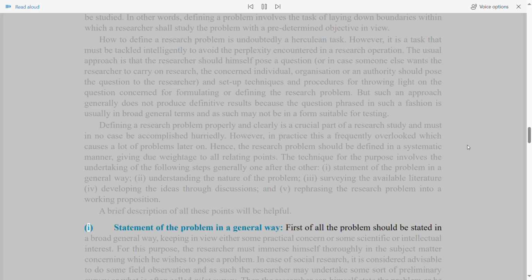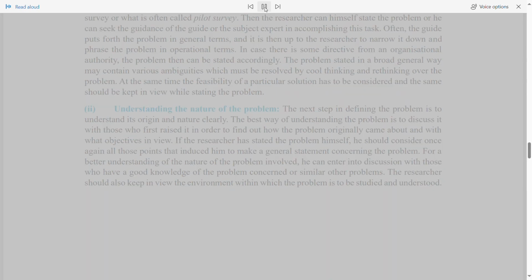1. Statement of the problem in a general way. For this purpose, the researcher must immerse himself thoroughly in the subject matter concerning which he wishes to pose a problem. In case of social research, it is considered advisable to do some field observation, and as such the researcher may undertake some sort of preliminary survey or what is often called pilot survey.